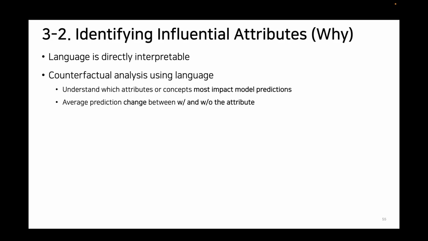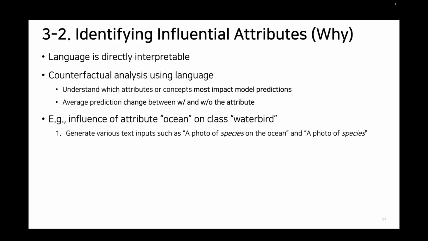By generating some prompts with and without an attribute, we can easily measure the average prediction change between them. So for example, when we want to check the influence of the attribute ocean on the class of whatever, we generate some text inputs such as a photo of whatever on the ocean and a photo of just whatever.